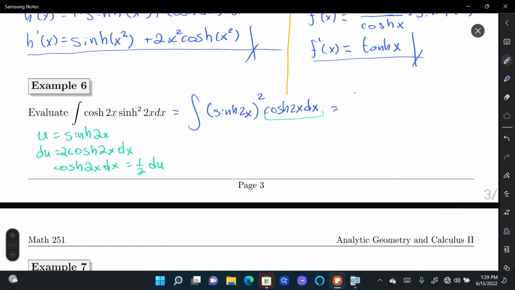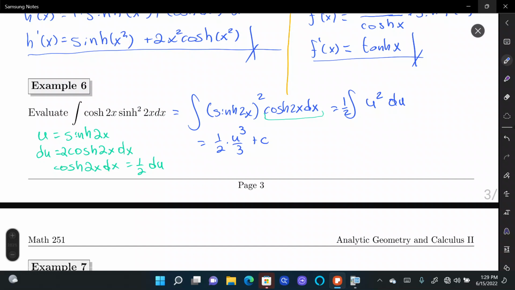So let's rewrite the integral as the integral of u squared times du. Then from here, let's just use the general power rule. Integrate. What's the integral of u squared? 1/3 u cubed plus c. Be careful to multiply these coefficients.